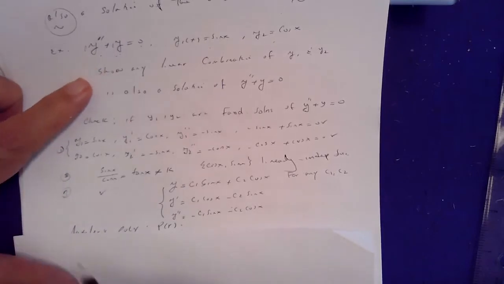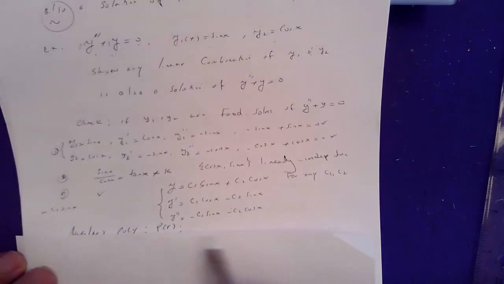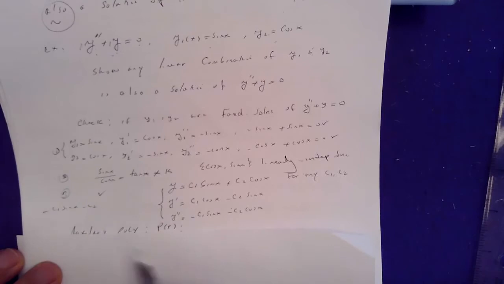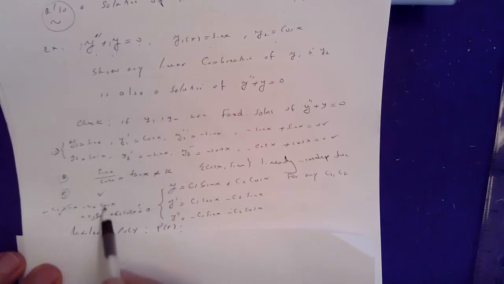So you get y double prime, which is minus c1 sine of x minus c2 cosine of x, plus y, which is c1 sine of x plus c2 cosine of x. Is that equal to 0? Yes, it is. These cancel, so do those, so it checks.